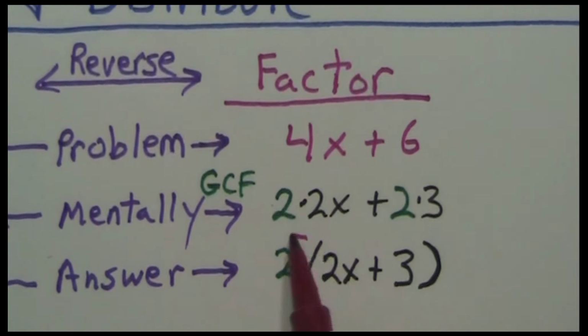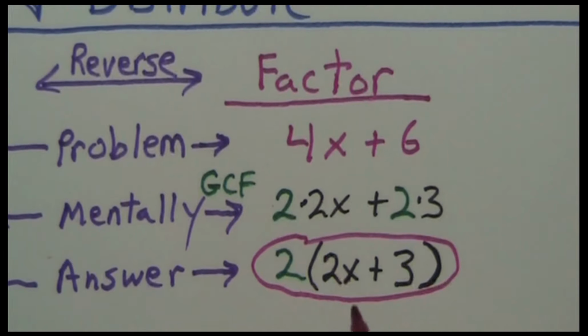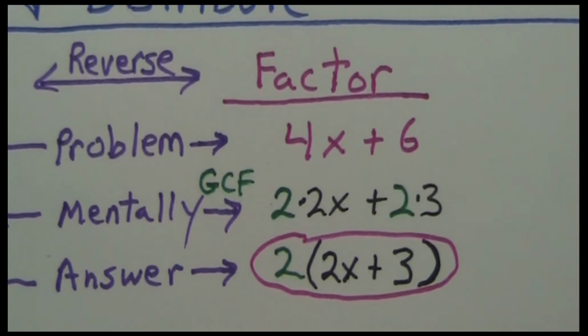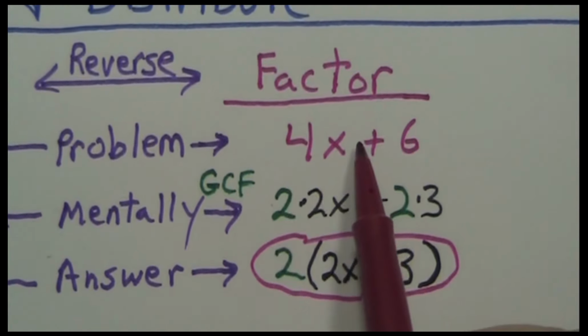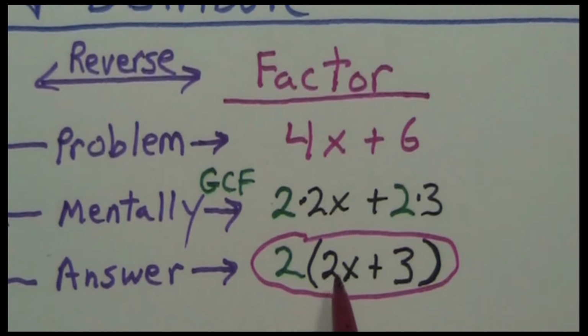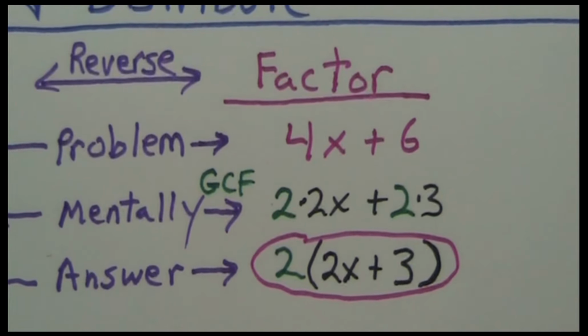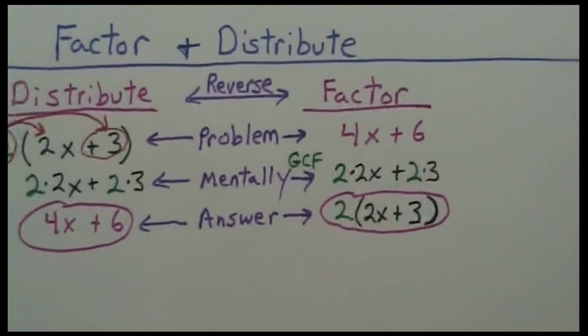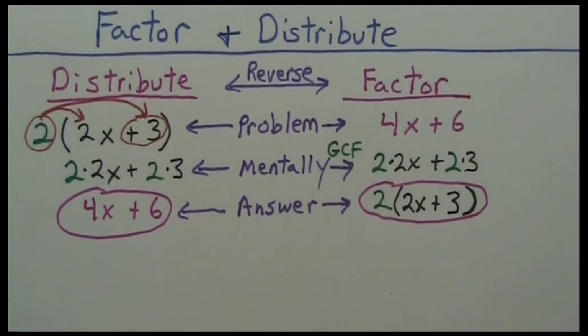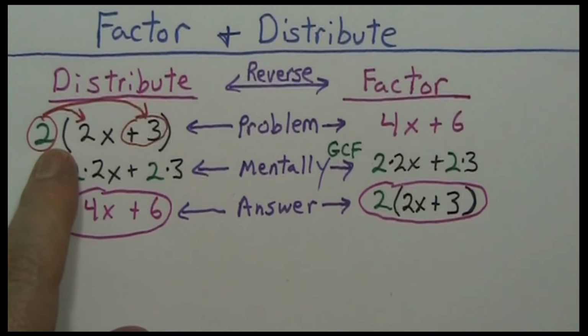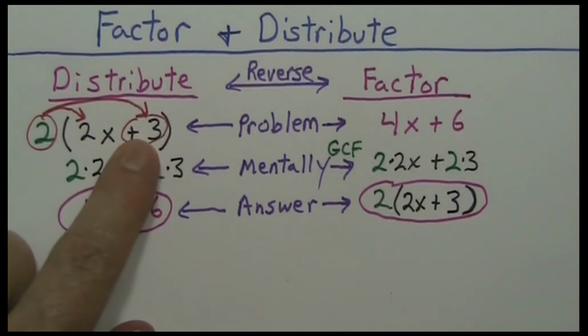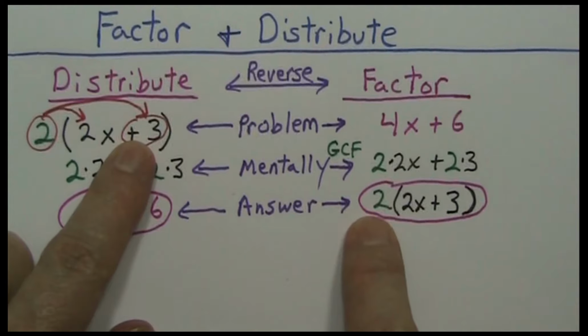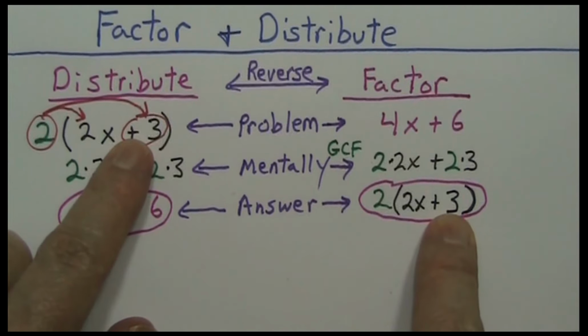Okay, I'm getting my colors mixed up here. There we go. So you started with this, and you end up with this. Now compare the two, and you will see that it's just the reverse. Here, you start off with 2 times 2x plus 3, and you end up with 4x plus 6.